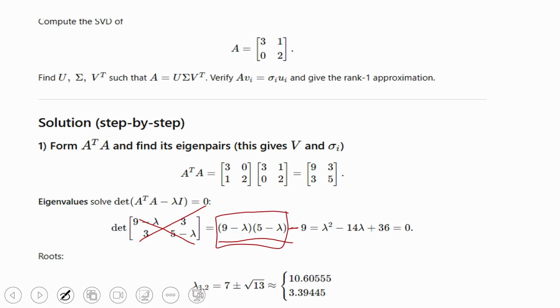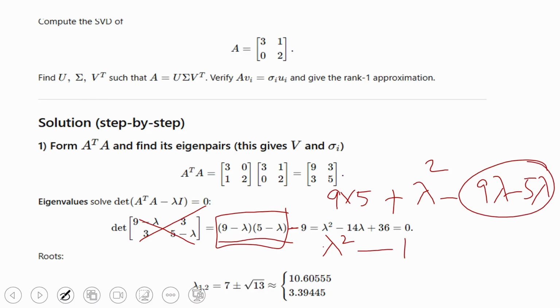Removing the brackets, 9 into 5 is 45, minus 9 lambda minus 5 lambda, so this is plus lambda square minus 14 lambda plus, here one minus is there, 45 minus 9 is 36.